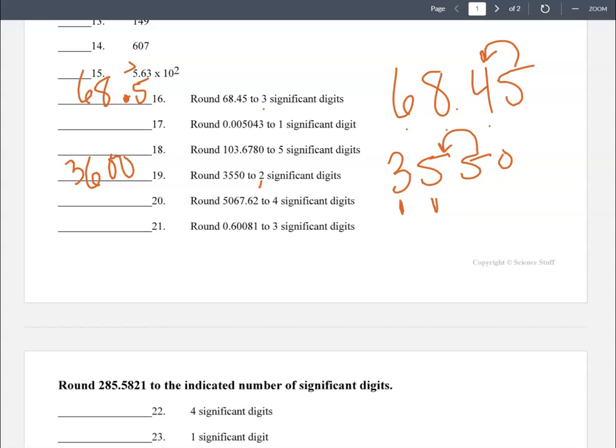Don't forget, you cannot lose those place values. They just come down as zeros. That becomes a 6. The 3 moves down. Don't lose those placeholders.